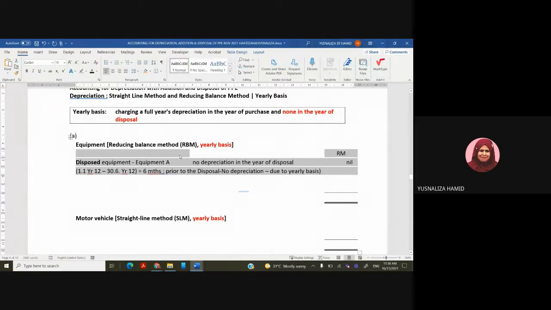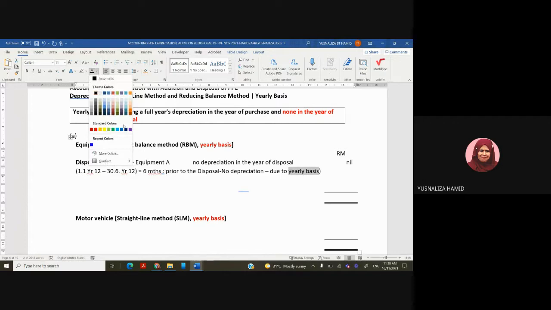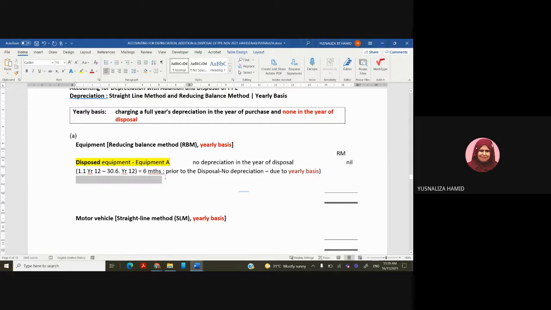Disposed equipment, no depreciation in the year of disposal. The reason is the yearly basis. So that was equipment A, the one that I labeled using yellow. No depreciation, so nil. For equipment B, there is depreciation.